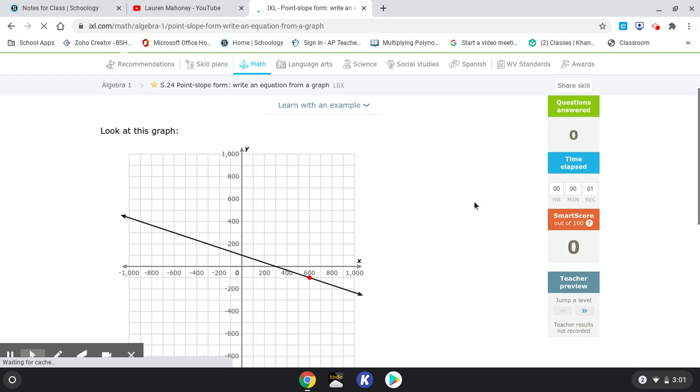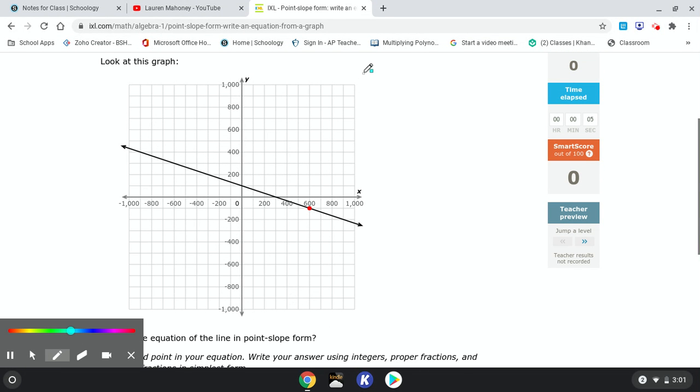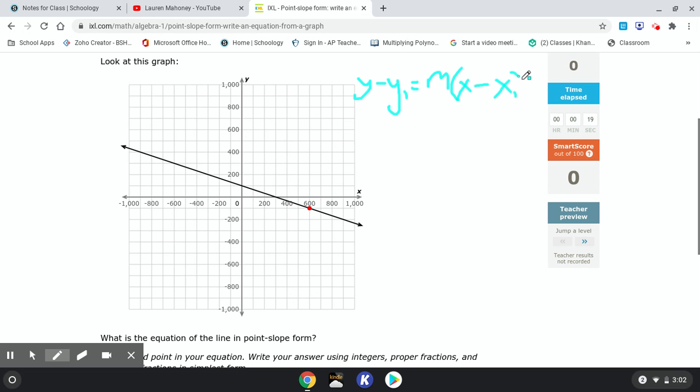Okay, the last section that we have here is number 24. This is point slope form, write an equation from a graph. For the majority of the questions on here, you're merely plugging in information from the graph.